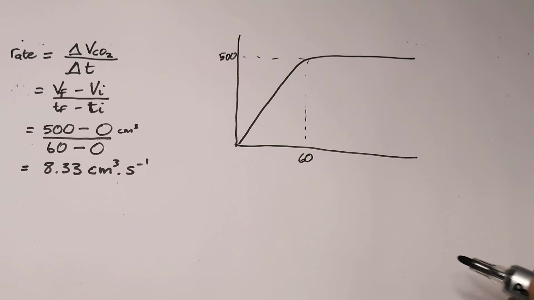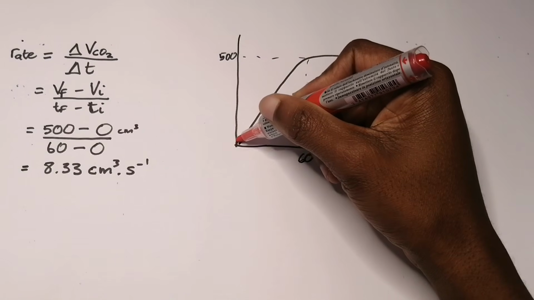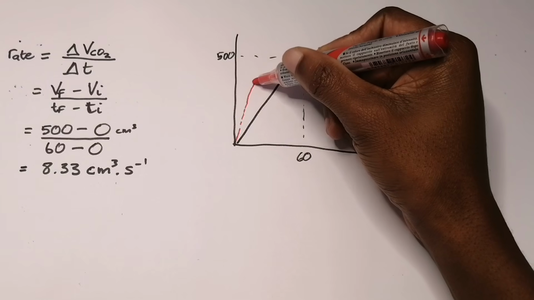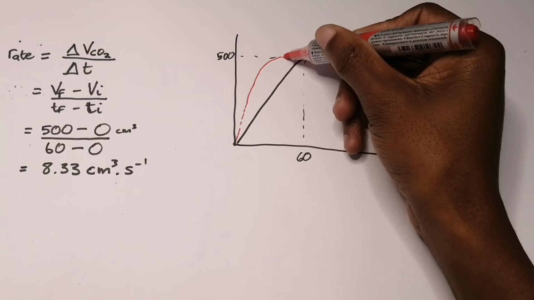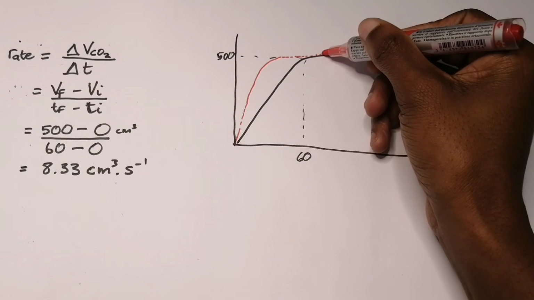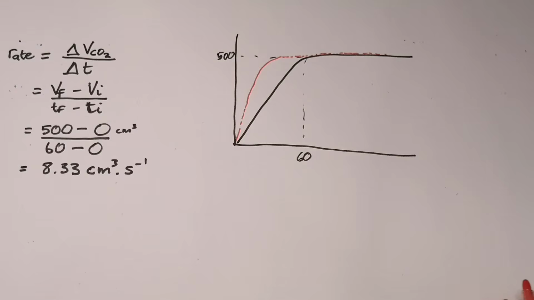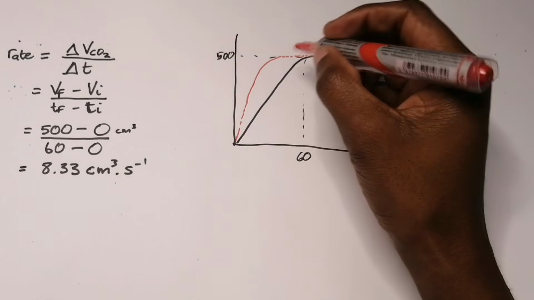So now, what would the graph look like if I'm using powder? It means the rate would be much faster. So I would reach the same amount. You remember what I was saying to you earlier on, right? We still reach the same amount, 500, because we've got equal reactants, equal volume, and equal mass of calcium carbonate in this case.